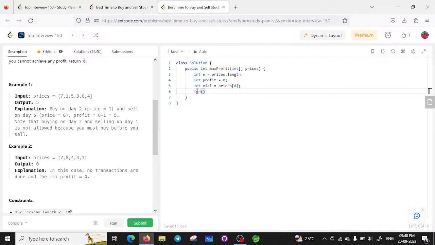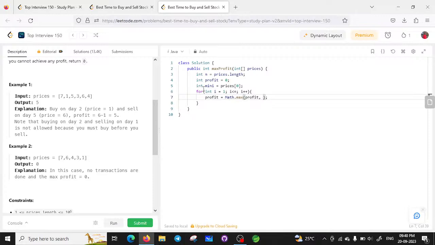Now I will traverse with a for loop: int i is equal to 1, i less than n, i plus plus. Now what we'll do, we'll find profit equal to Math.max of profit with prices[i] minus min.